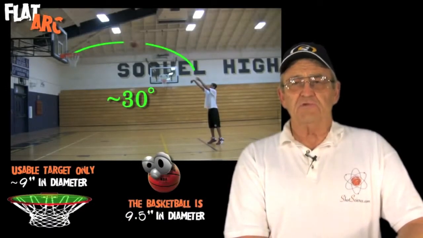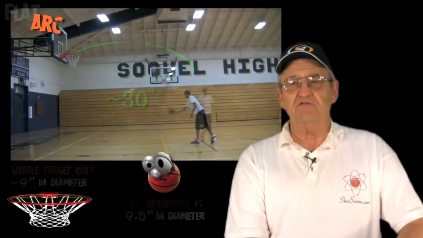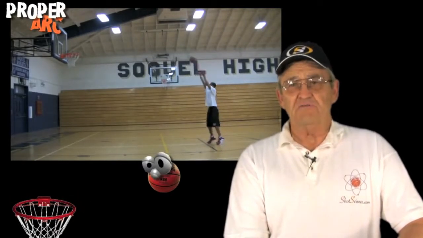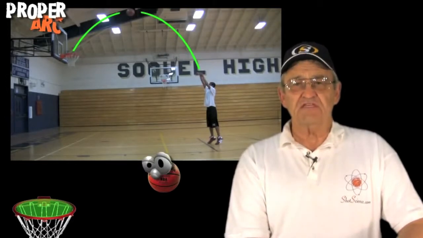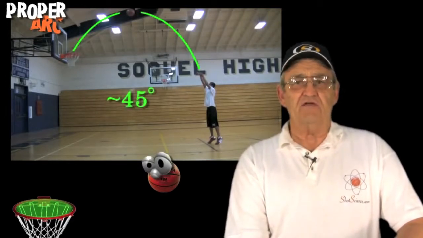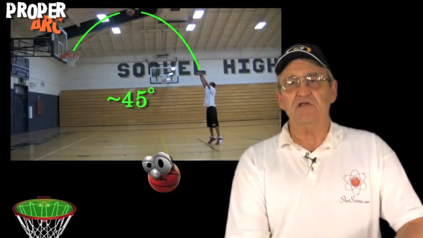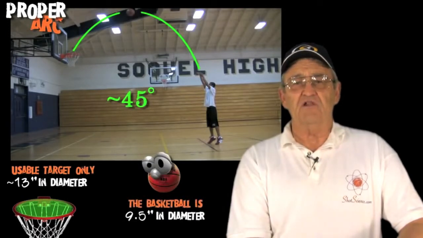And so the usable target is very small. As the basketball trajectory begins to elevate, and we get up to that point where the ball is maybe 3 or 4 feet above the level of the basket, we find that this gets more like a 45-degree angle of attack, and that basket now has a usable target area of about 13 inches. And so it's quite a bit larger.